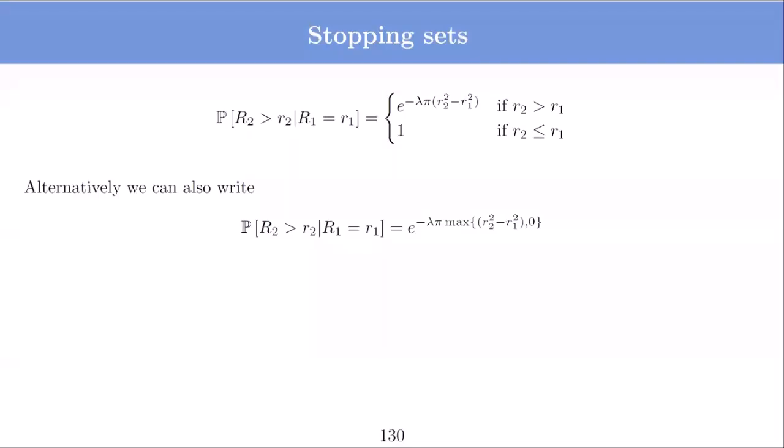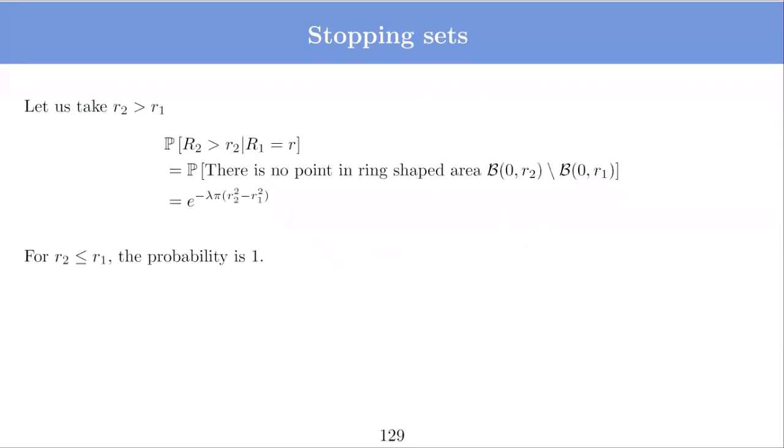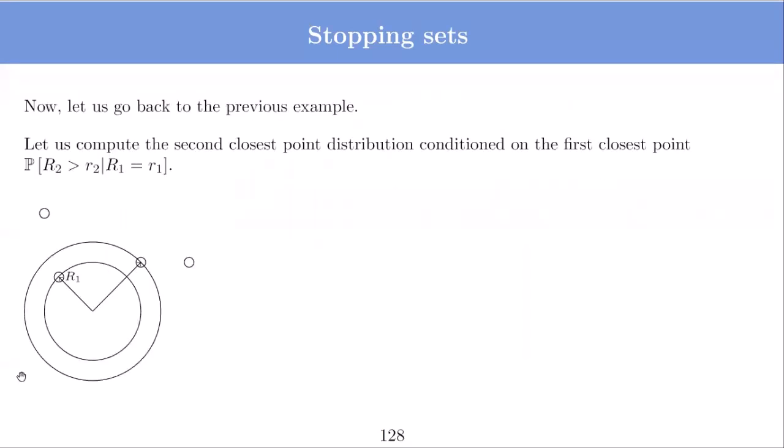So where did we use the stopping set property? Here, when I said there is no point in this ring shape, even though we are conditioning that there is a point at this boundary, we want to compute that there is no other point in this ring. So here we are using the property that, conditioned on this, the distribution outside this ball does not change. It remains like an independent PPP.